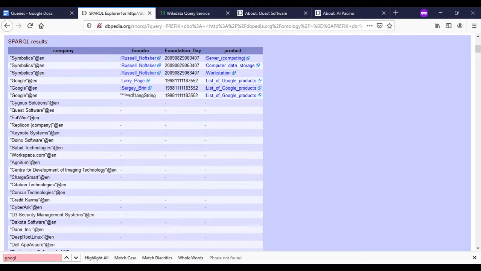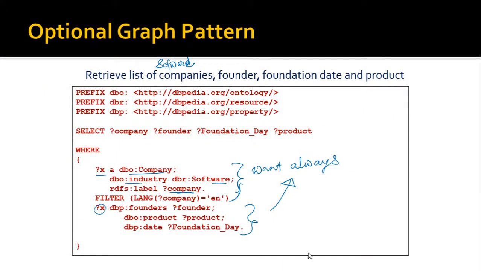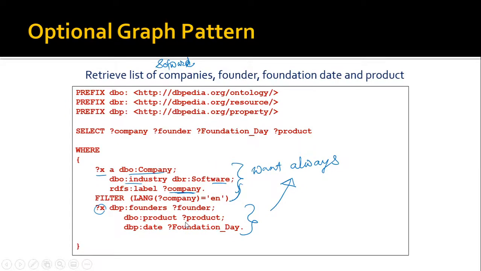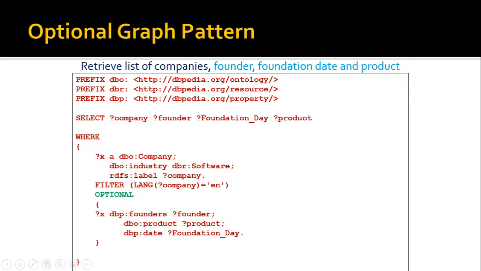Now let us get back to the slide and try to analyze what is happening, right? So here we have put this particular fragment inside the optional block. So this is our new keyword.